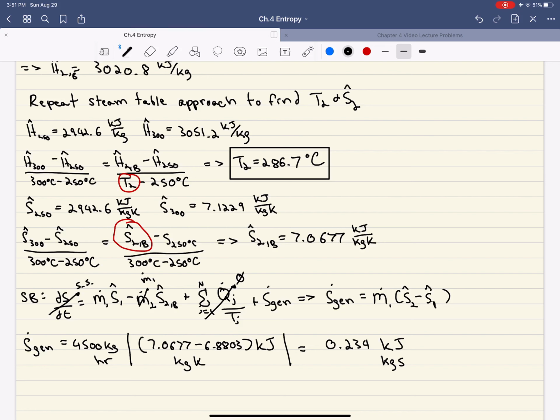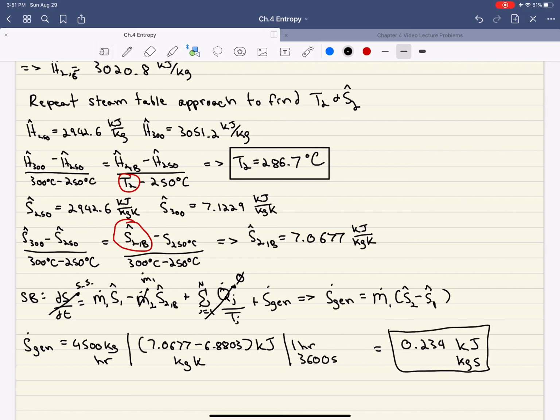Oh, I forgot, just to be complete, let me put the unit conversion in there. Alright, and so we see that when we operate at less than 100% efficiency, we generate some entropy in our system.